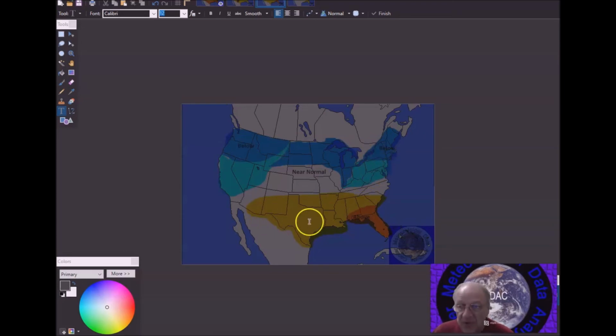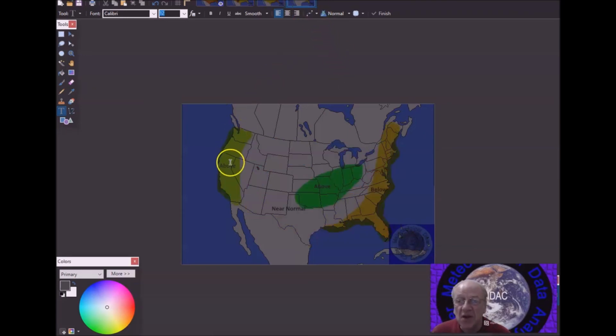Above normal temperatures are forecast for this region here, with anomalies of 4 to 6 degrees above normal. For precipitation, I'm calling for above normal precipitation here, with probability of occurrence 35 to 40%, and below normal precipitation here, probability of occurrence 35%.